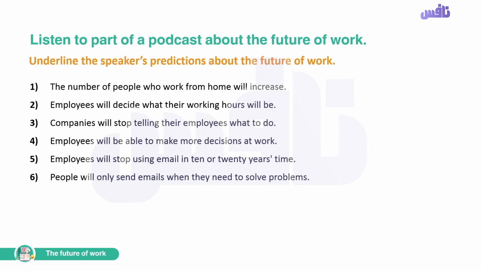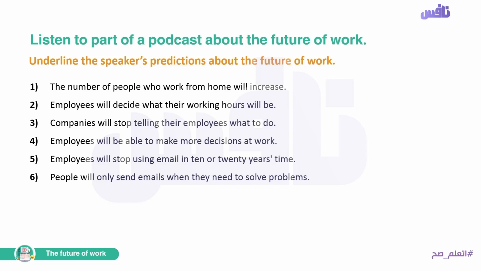Number one, the number of people who work from home will increase. عدد الناس اللي بيشتغلوا من البيت سوف يزداد. Number two, employees will decide الموظفين will decide, يحددوا لنا what their work hours or working hours will be. يحددوا لنا عدد ساعات العمل أو ساعات العمل بتاعتهم هتكون عاملة ازاي.